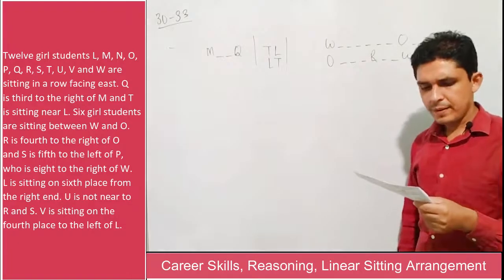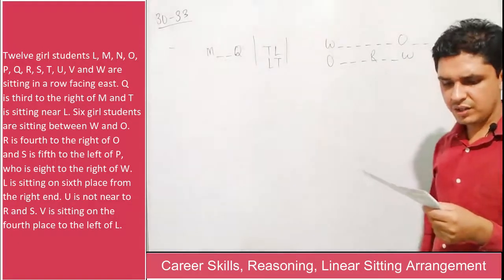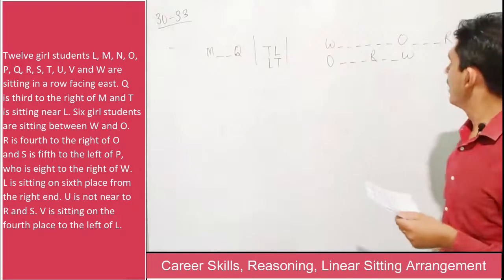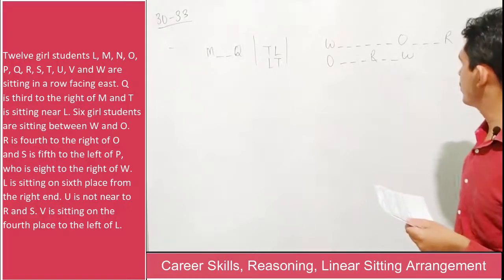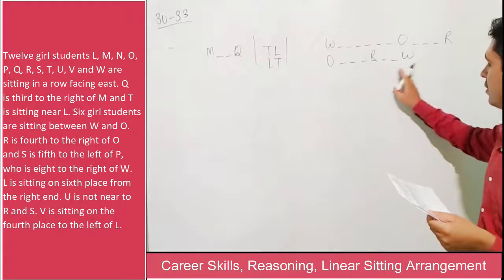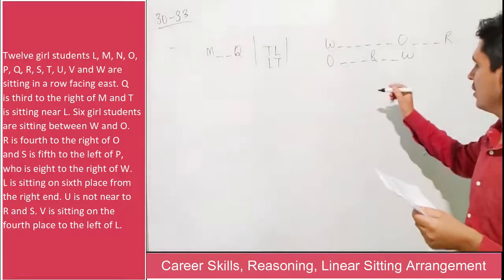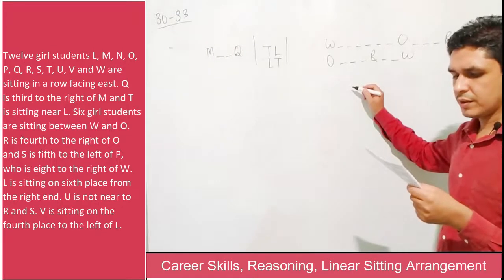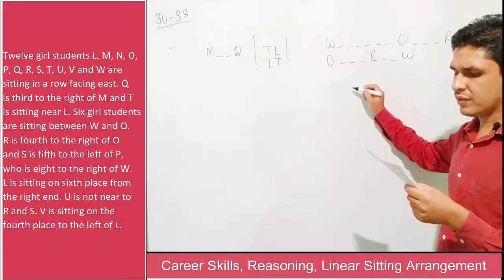Okay, thereafter S is 5th to the left of P. So P we have not made anywhere, so this can be like S is 5th to the left of P.